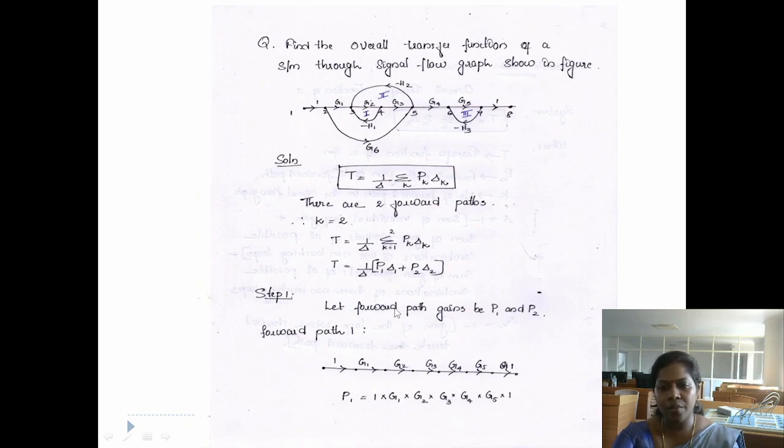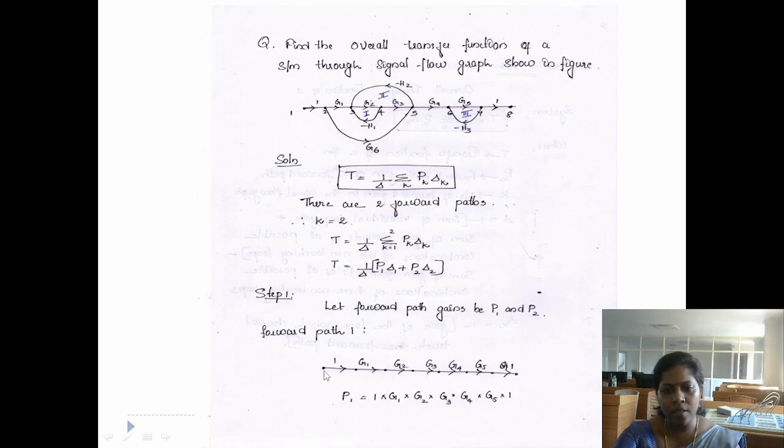So step 1 is finding the forward path gain values, forward path 1 and 2 gain values. First we have to draw forward path 1. This straight line is our first forward path, so draw that straight line as it is. 1, 2, 3, 4, 5, 6, 7, 8, all the 8 nodes come here. Then mark all the gain values.